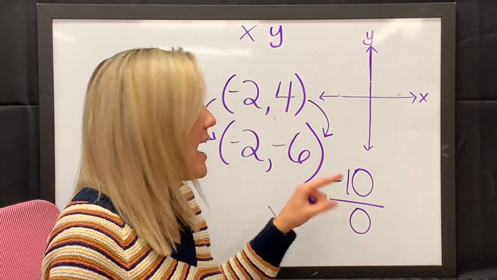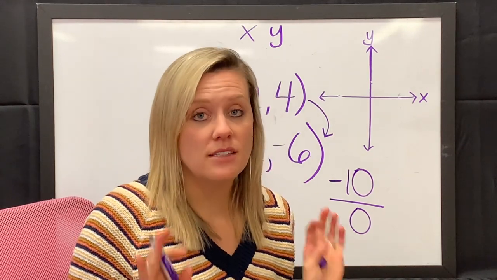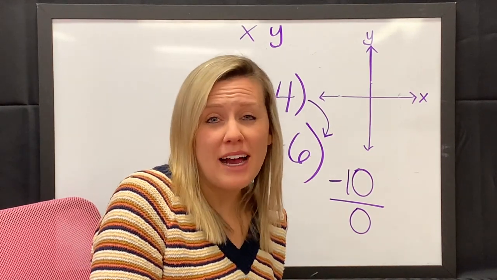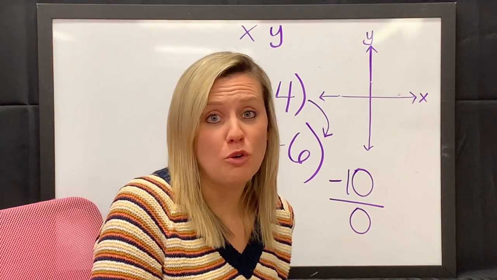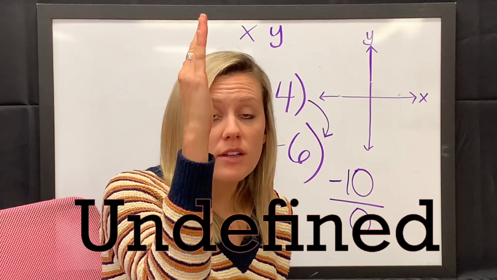Now, whenever you have a 0 in the denominator, that is not possible, and that would actually create a line with a slope called undefined. It would go straight vertically like this.